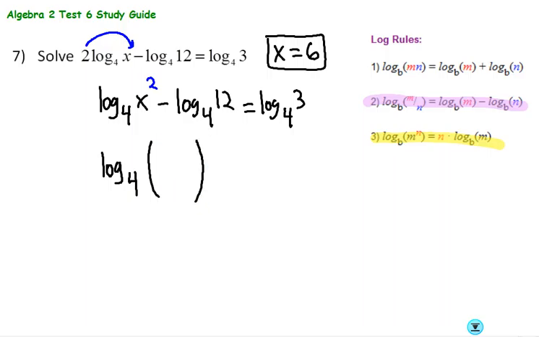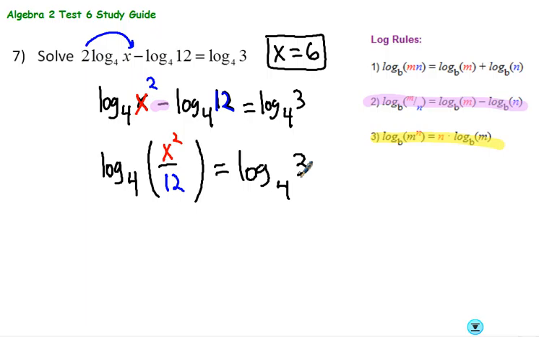So that's what this turns into. That subtraction turns into division. So x squared divided by 12, equals log base 4 of 3.